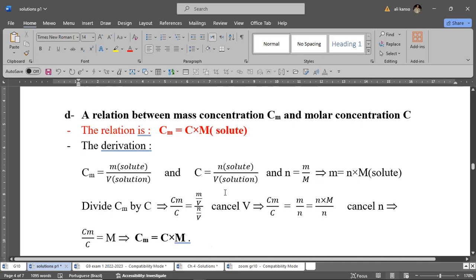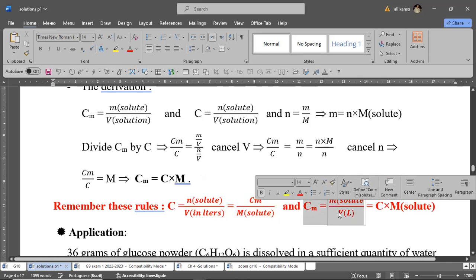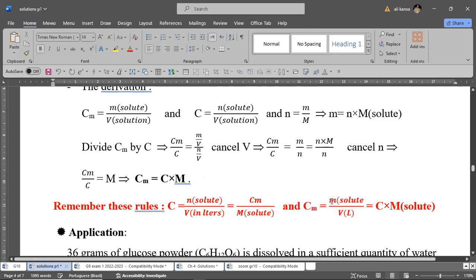Pay attention here, we will explain later. Mass concentration is not always a mass over volume. You can find mass concentration by two methods, either by dividing mass over volume of the solution, or you can multiply molar concentration times molar mass of the solute.